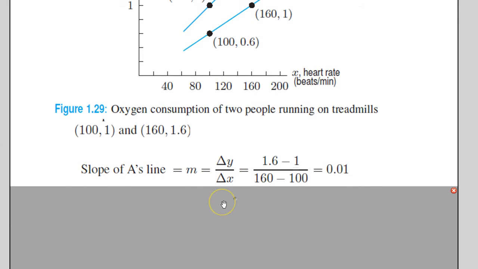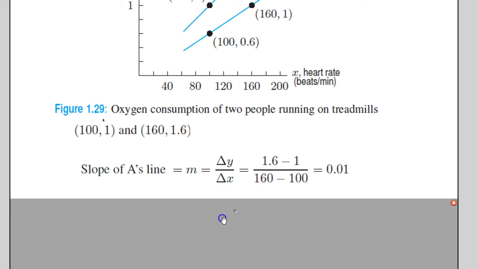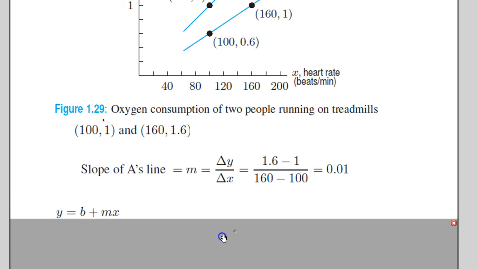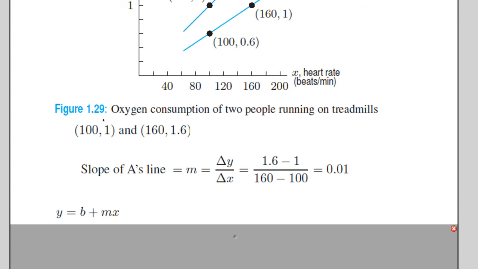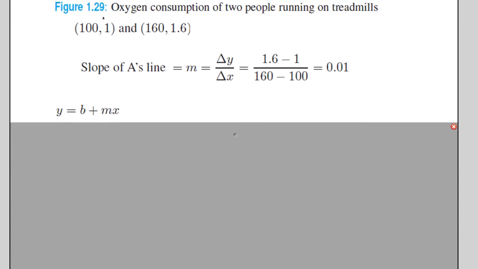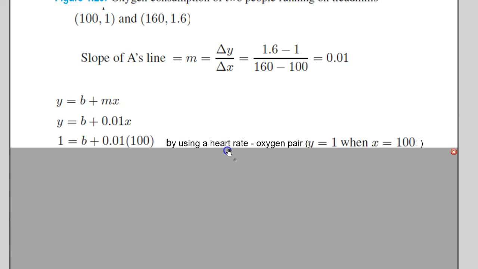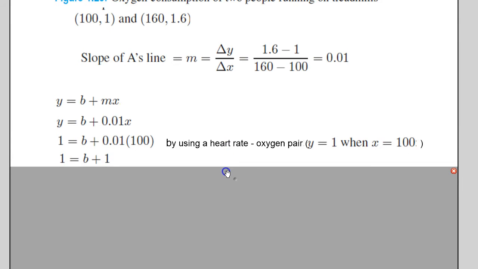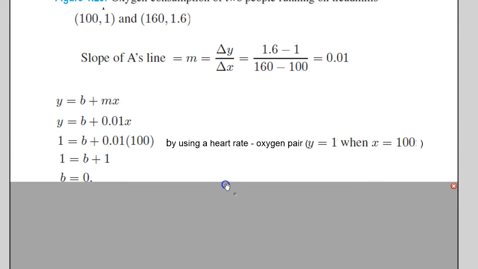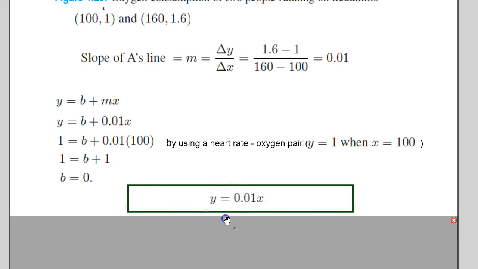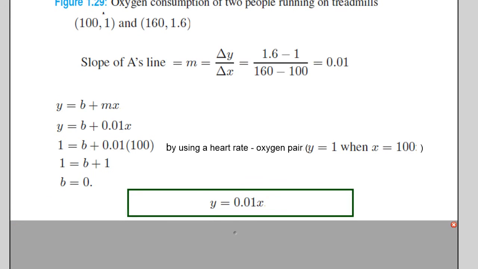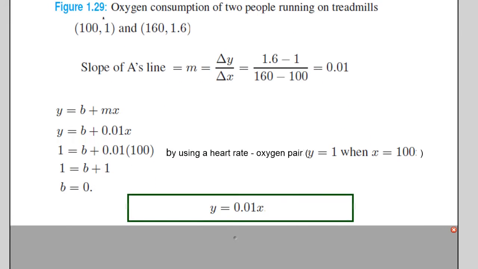We don't need to do several other points because, number one, we don't have several other points, but number two, we already know the graph is a line, so we are going to have a linear relationship. Now we can just pick one of those points. It doesn't matter which one, the (100, 1) or the (160, 1.6), and substitute it into this expression. We end up with b being equal to 0, and this is our expression, which is consistent with this graph.